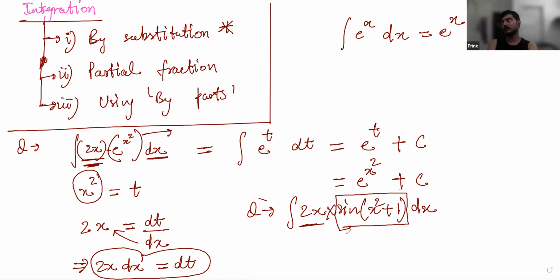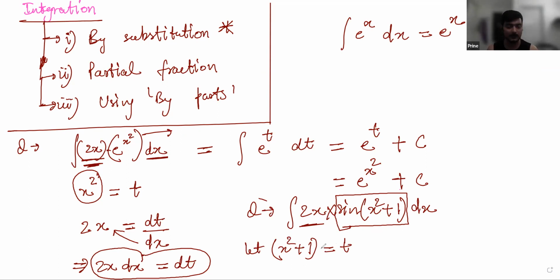So can you find out the substitution for me? What is the expression that needs to be substituted? t is equal to x squared plus 1. Yes, x square plus 1. If we substitute x square plus 1 as t, then the differentiation of this function, which is 2x, is also present in the same expression.